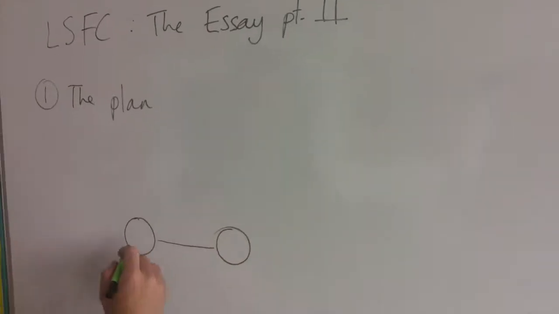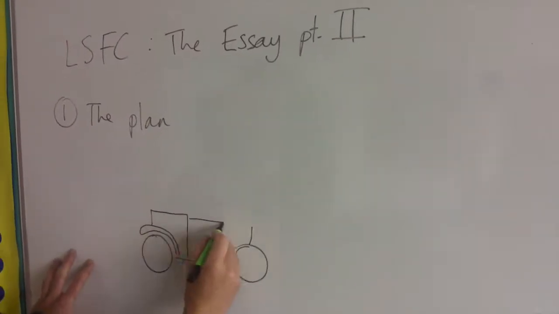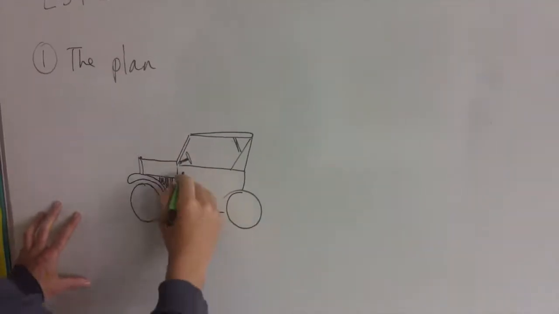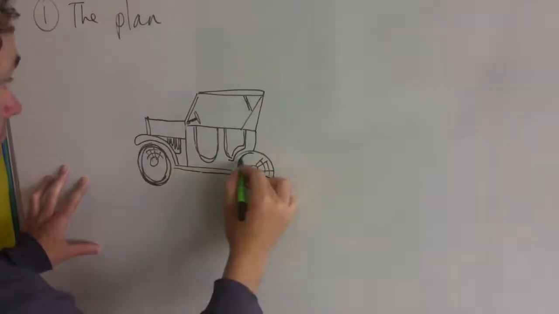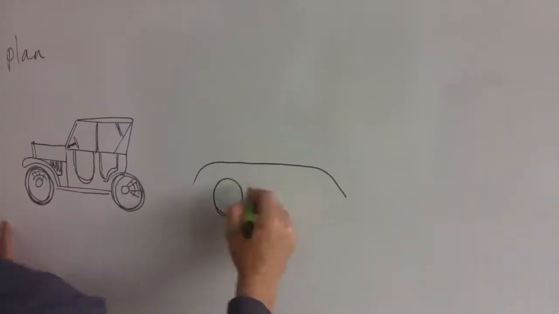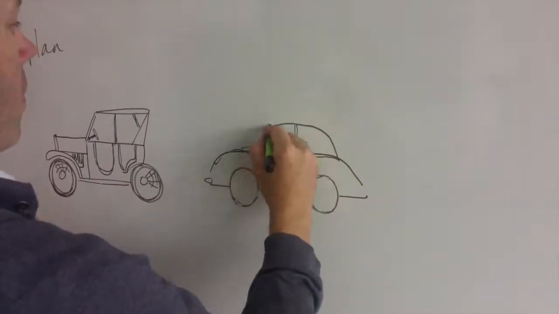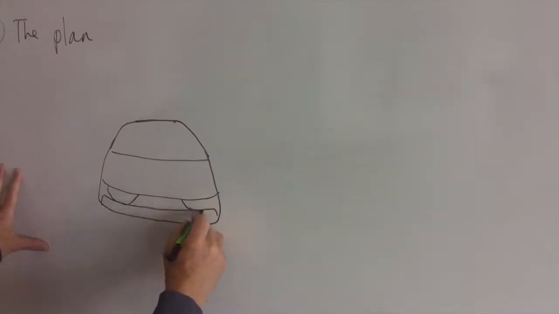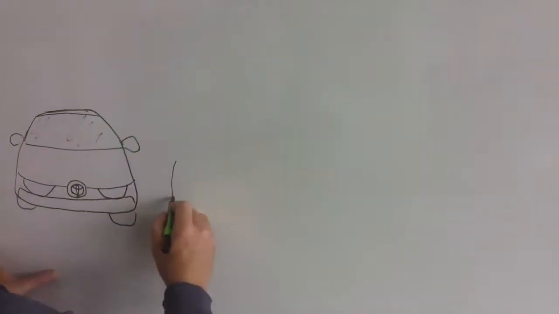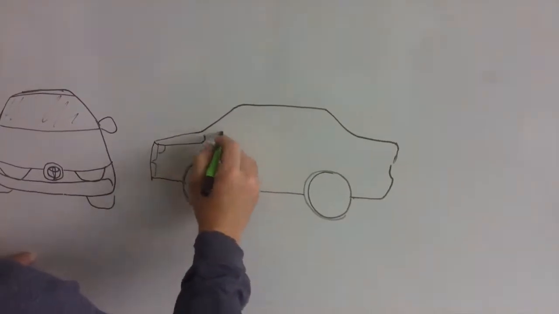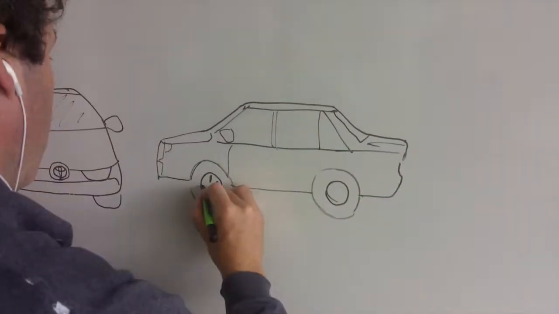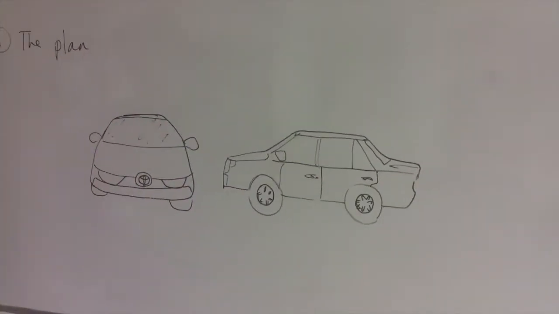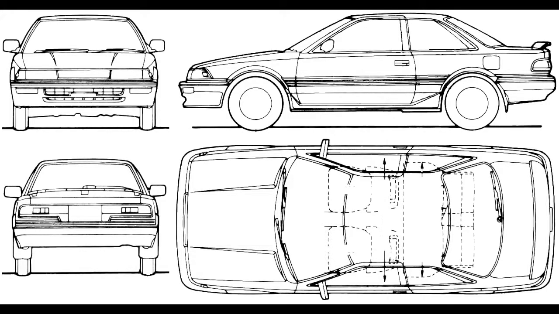Well, what's the most successful car ever? The Model T Ford? The Beetle? The Toyota Corolla? Well, how did any of these cars come into being?